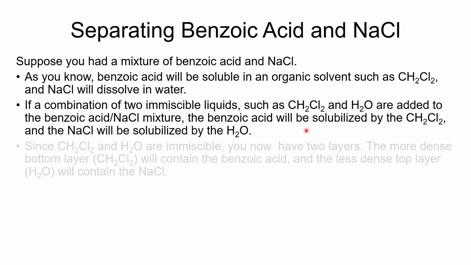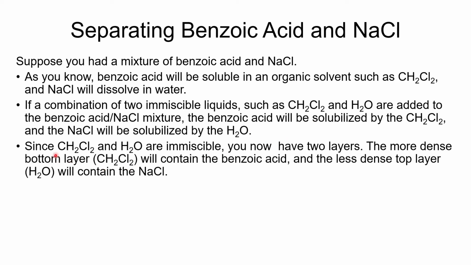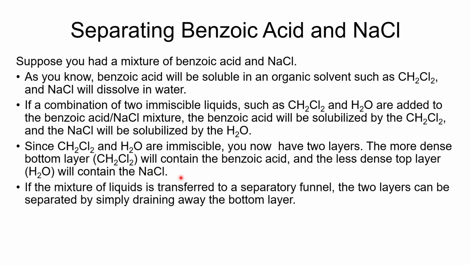So this will be very easy to separate. Since they are immiscible, we have two layers. We just let them separate out. The more dense layer is going to be the dichloromethane. We let it go to the bottom, and we drain that out, and we will have dichloromethane with benzoic acid in it. The less dense layer, which is water, will have sodium chloride in it.